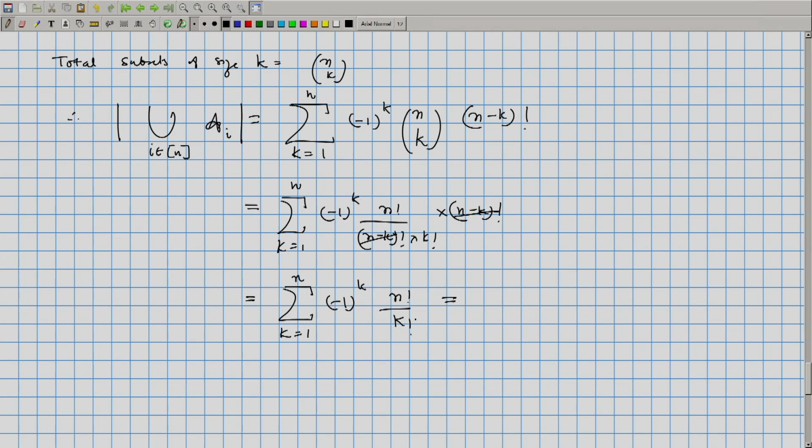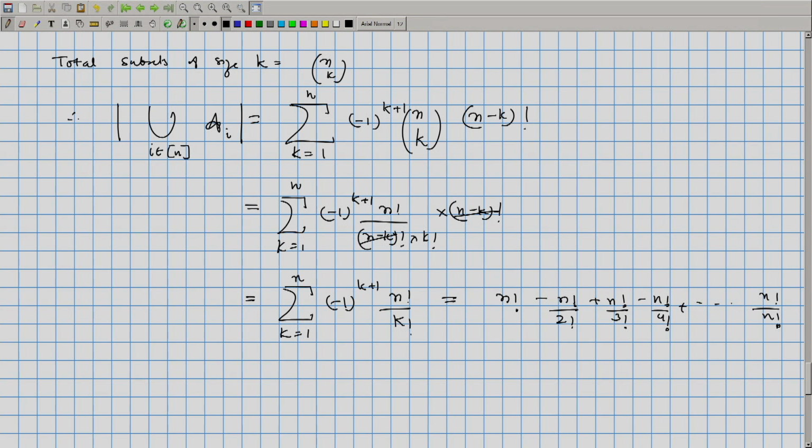So this can simply be written as, when k equals 1, this is n factorial, sorry, this term was k plus 1. So n factorial minus n factorial by 2 factorial plus n factorial by 3 factorial minus n factorial by 4 factorial and so on. This will go on till n factorial by n factorial.